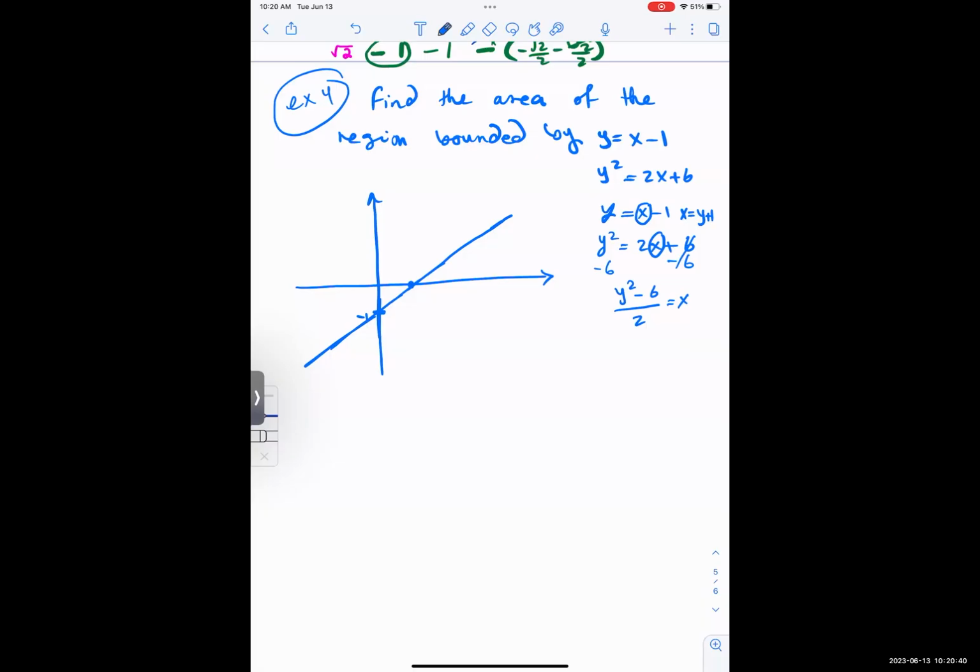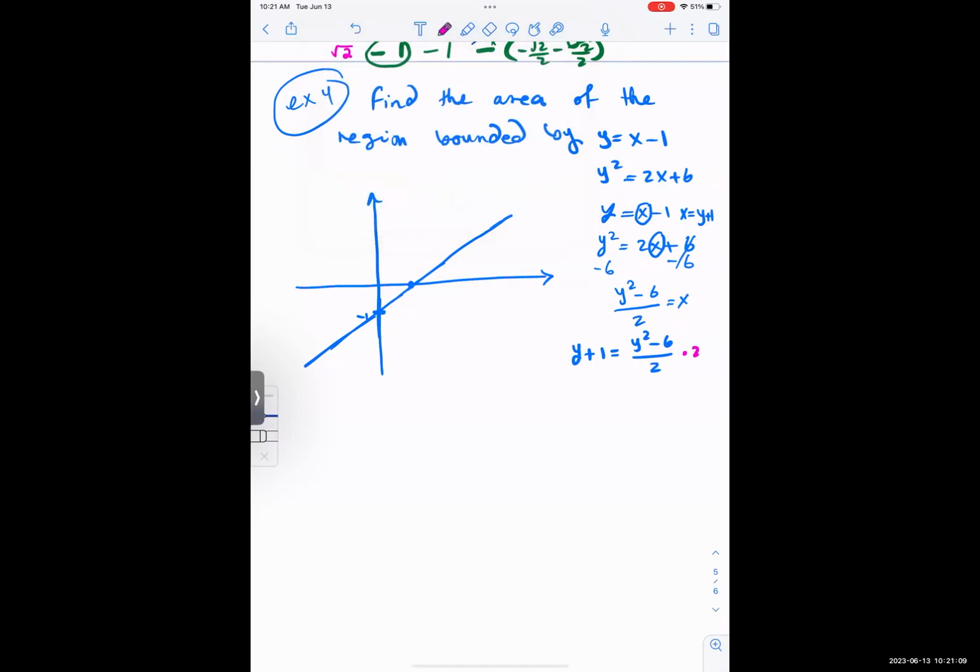So I now put the x's equal to each other, and then you find the y's. From the first one, x is y plus 1. From the second one, it is y squared minus 6 over 2.